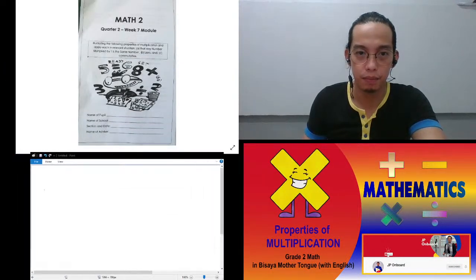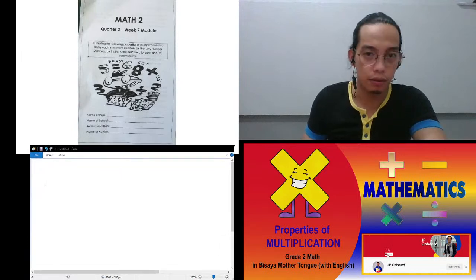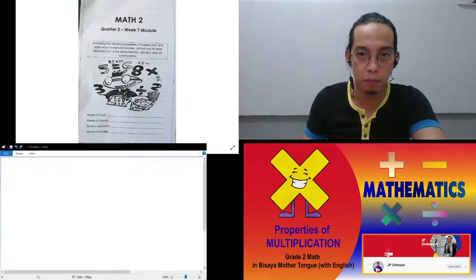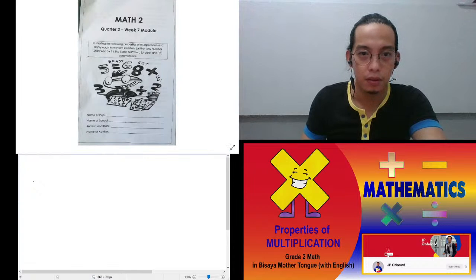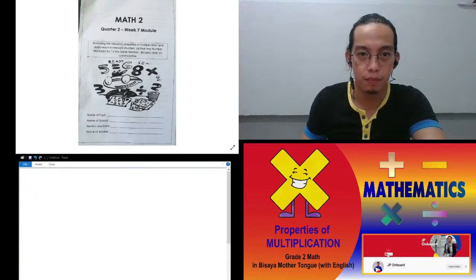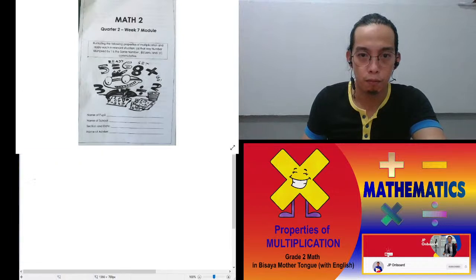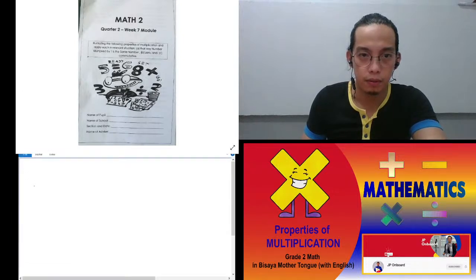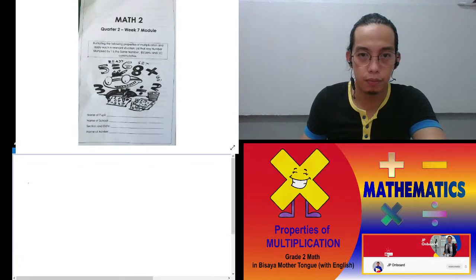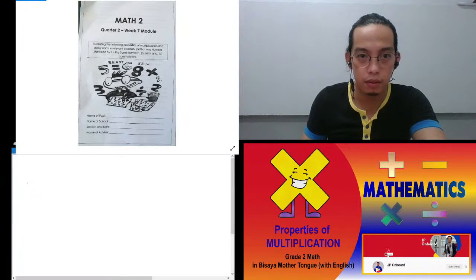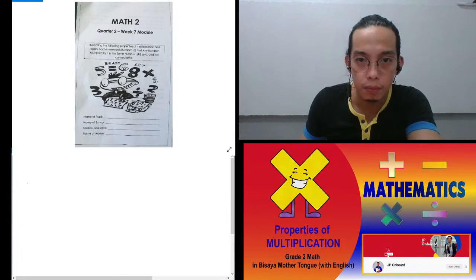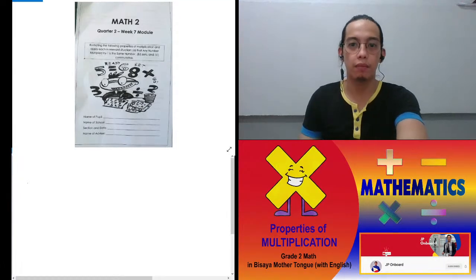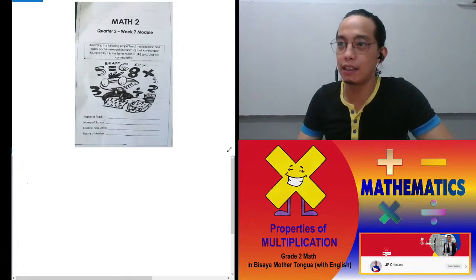Let me just arrange our drafting board. Okay, I guess we are set already.